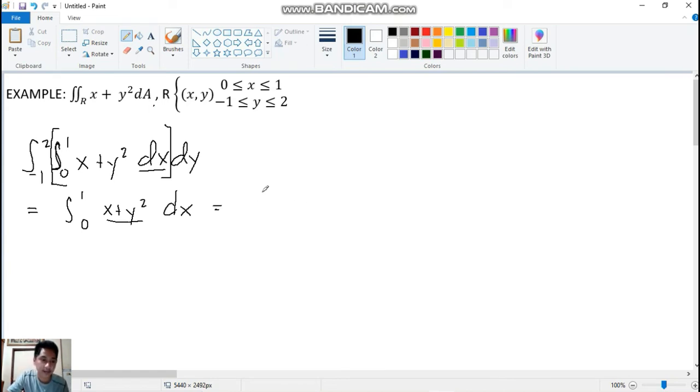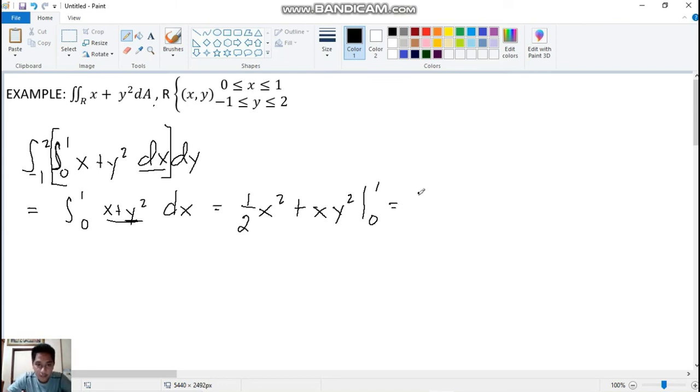It becomes 1/2 x squared. Then for y squared, you need to treat y as a constant, so it becomes x times y squared. And what are the limits of x? 1 and 0.